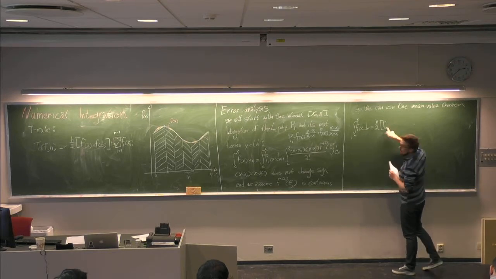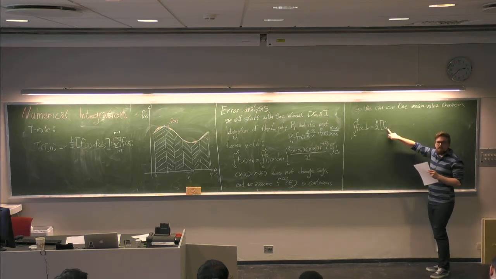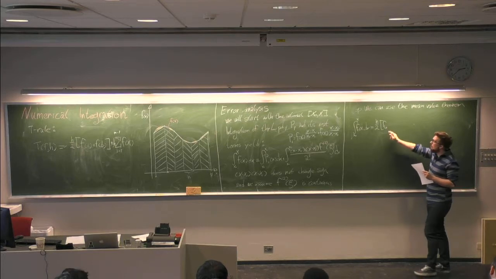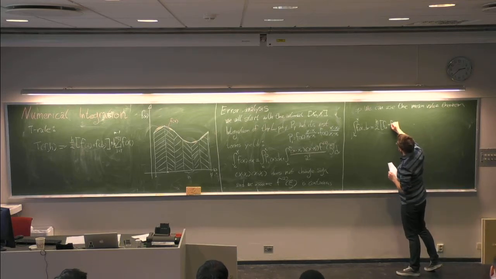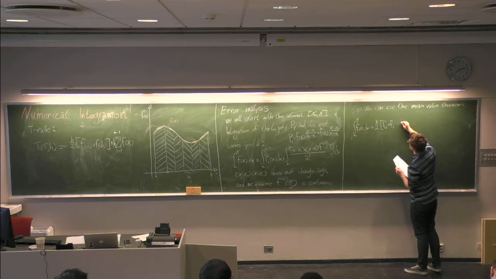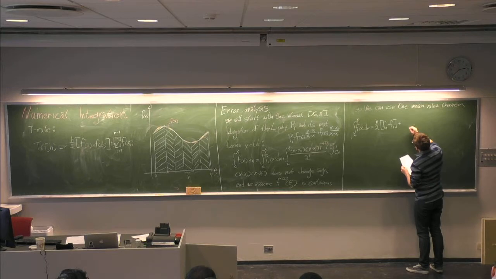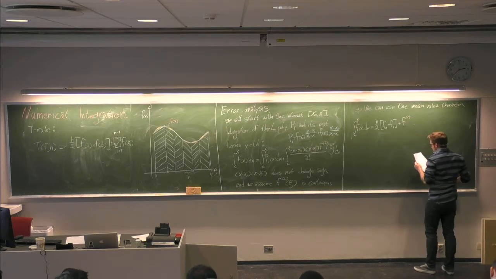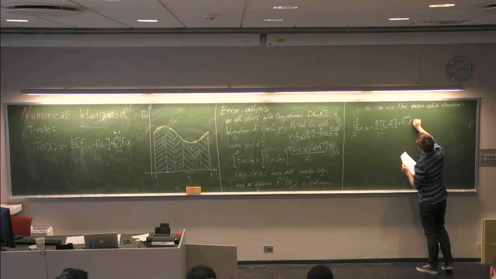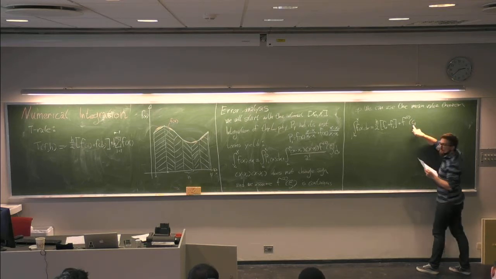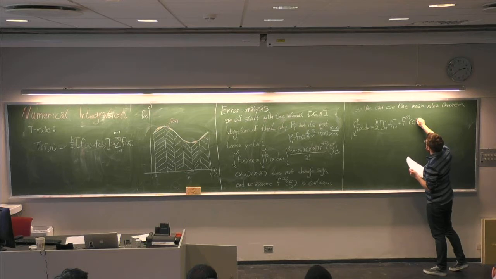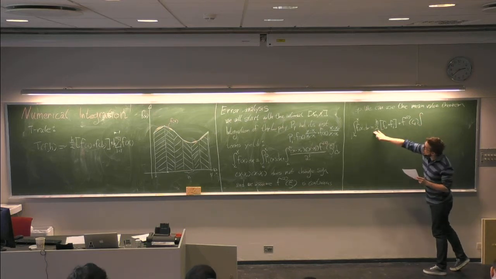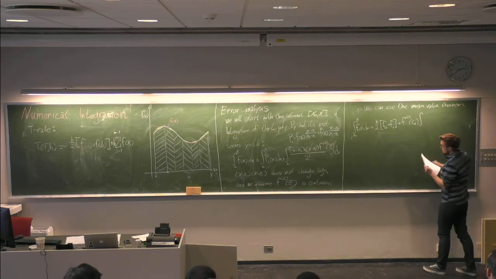So f0, this is f evaluated at the point x0, f1, plus for some c1, so this is just a constant, it exists, we don't really know what that is, but it exists such that this relation is true.